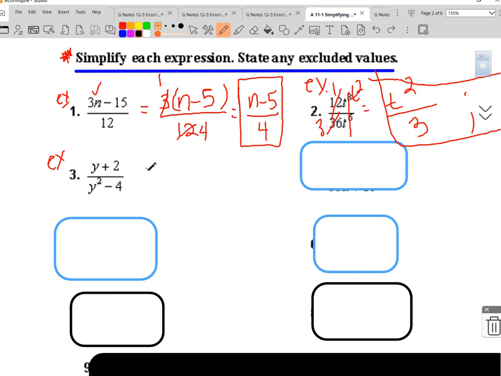Factor the numerator. So this is y plus 2, a binomial, the coefficient here is 1 and it's a 2. Can we factor anything out of y plus 2? No. We don't ever factor 1 out because we just use the same thing. So now, what about y squared minus 4?